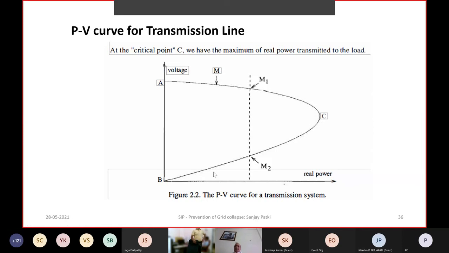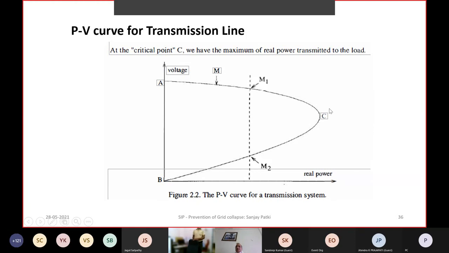This is exactly what happened in 2012. When parallel lines in a corridor have been taken out, there will be more flow on the line. Out of the remaining lines, one more line trips for some reason. Then again the line loading will further go up, and the voltage at the receiving end will come down.